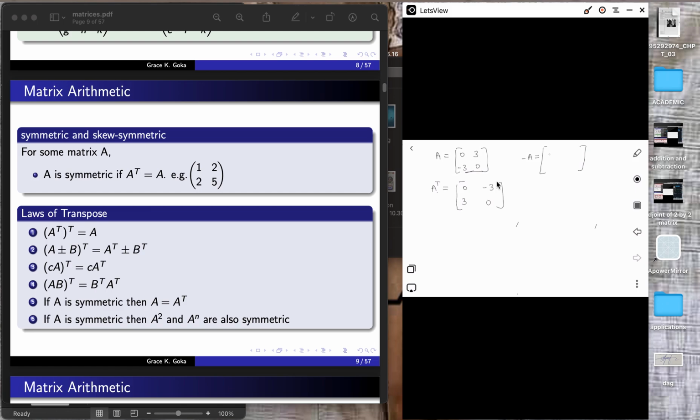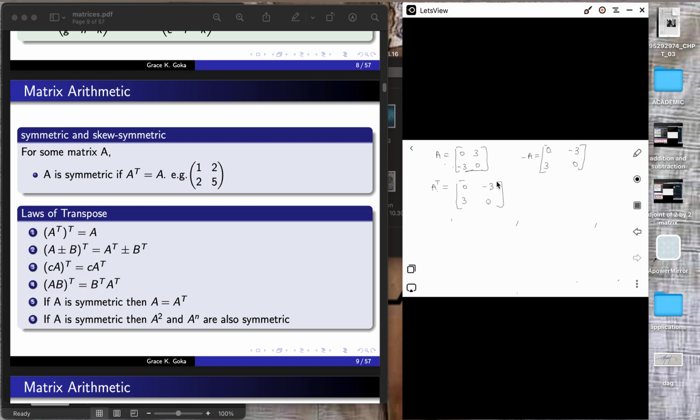All right, so negative of A, I'm going to get 0 here, I'm going to get negative 3 here, I'm going to get positive 3 here, and I'm going to get 0 there. All right, now after applying negative on A, you notice that minus A and A transpose are the same because I have 0, negative 3, 3, 0, 0, negative 3, 3, 0.